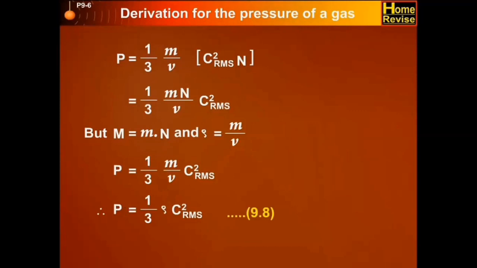So this is the final equation, but when we put other values, the equation format is changed. So in this way, you can practice at home the derivation of the pressure of the gas. With this hope, I conclude my class. Thank you all.